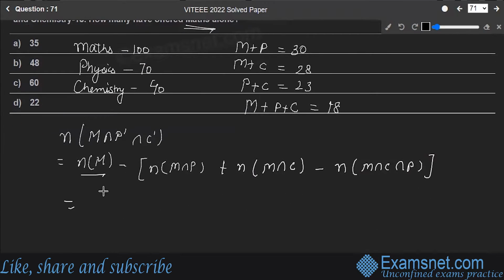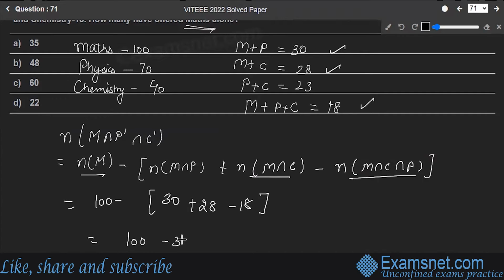So that's 100, it's given, minus M intersection P is 30, M intersection C is 28, and intersection of all three is 18, right? So that gives you 100 minus 30 minus 28 plus 18, which is equal to 60. So option C is the correct answer.